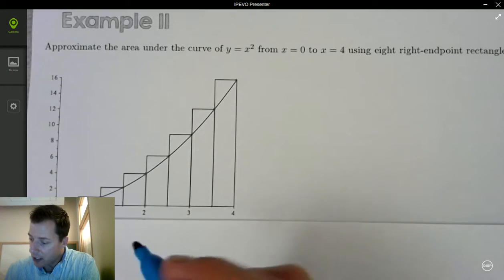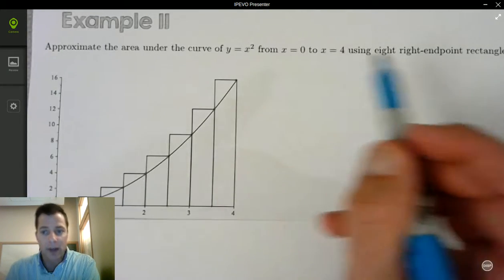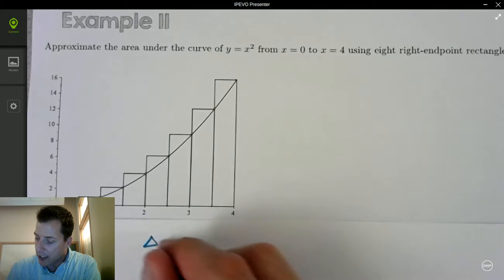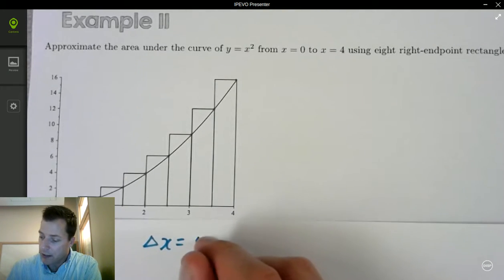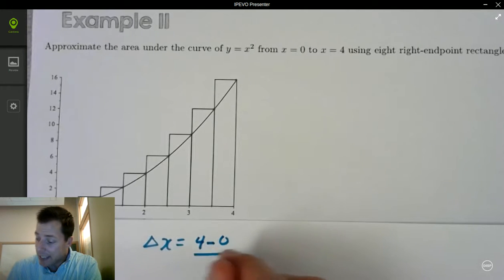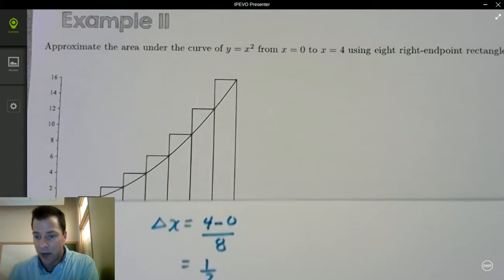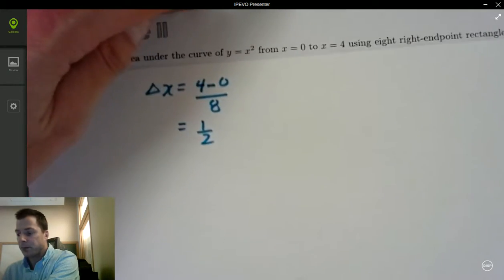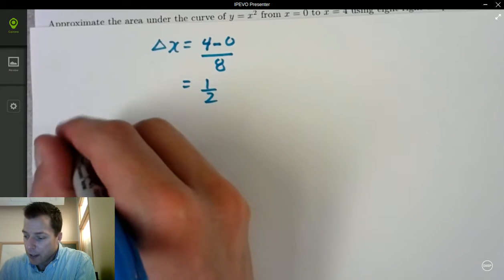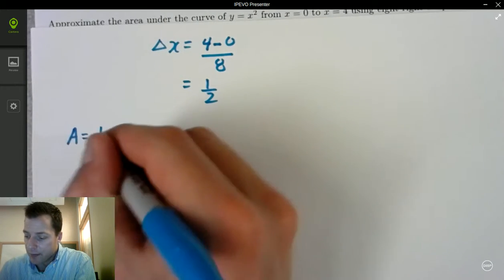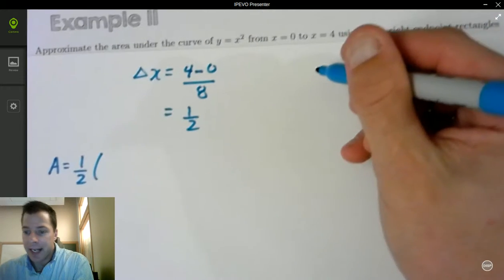So delta x, we're going from x squared from 0 to 4 again, 8 rectangles, so our delta x is going to be b minus a over 8. N is 8 this time, so each width is 1/2. So when we go ahead and put this together, we're going to have the area equals 1/2 times, okay? Now, here's the thing.